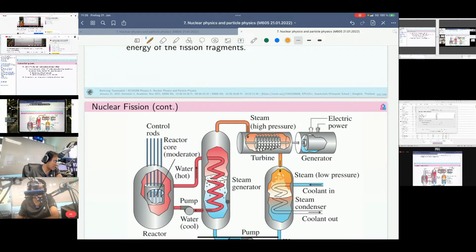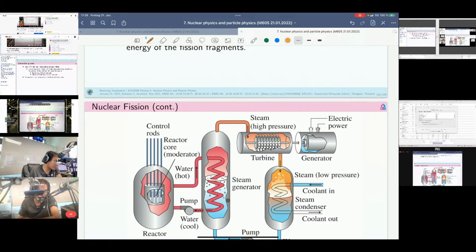This is the part of mechanical engineering or electrical engineering. The water of the nuclear plant is separated from the water in the steam generator. The hot water that absorbed the energy from the fission fragments flows around this one, and the energy is now transferred to the next group of water.